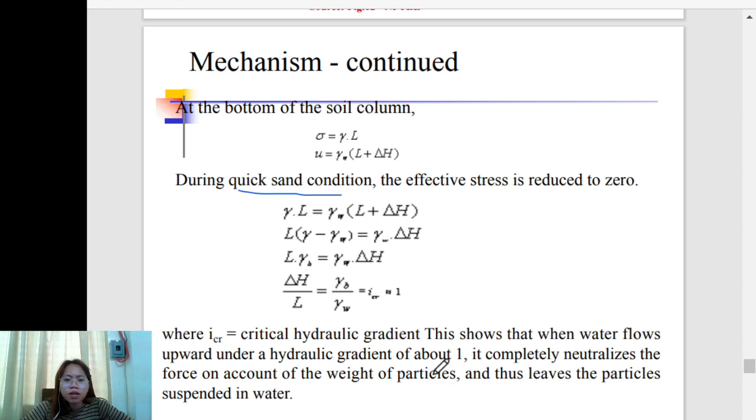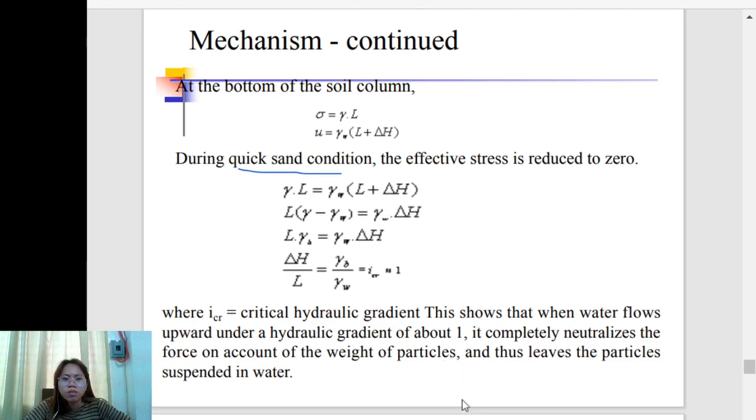So we have here, if the water flows upward under a hydraulic condition, the condition of a quicksand, it completely neutralizes the force on account of the weight of the particles and thus leaves the particles suspended in the water.